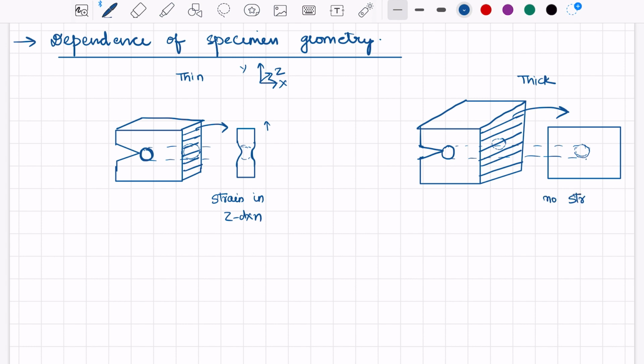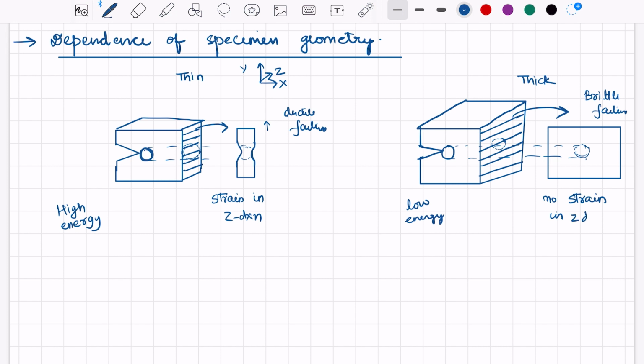In this case, the material will undergo brittle failure. However, the material undergoes ductile failure in the thin plate. In order to break a thin specimen, high energy has to be applied. However, a thick specimen fails with a lower energy.